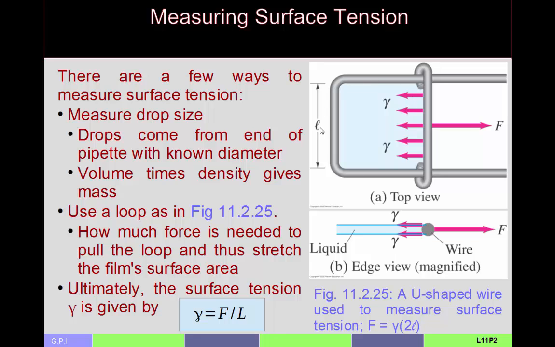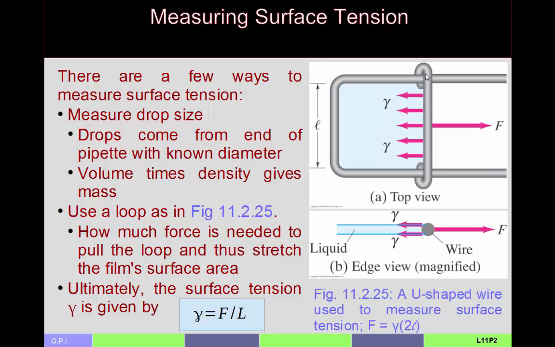The other way to do it is to use a loop, kind of like this one that's pictured in this diagram. And so basically, you dip the loop in water or whatever it is that you're trying to measure the surface tension of, and you can grab one end of this loop and basically move it along these wires. And so that stretches the fluid like a membrane. And so how much force do you need in order to pull the loop and thus stretch the film's surface?